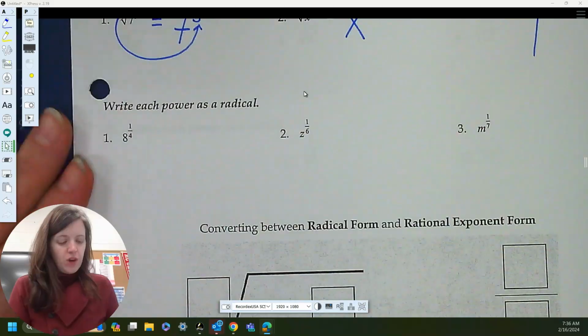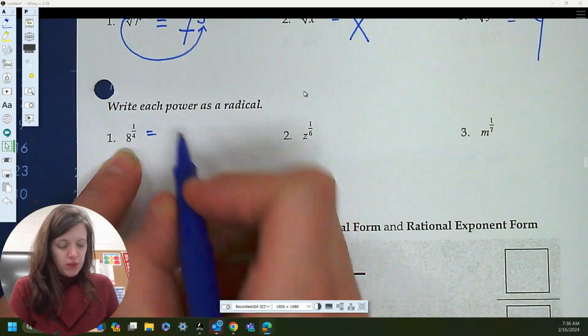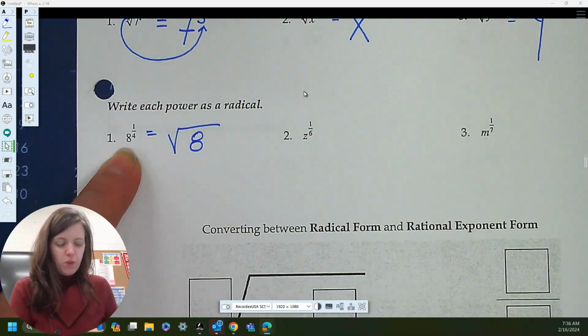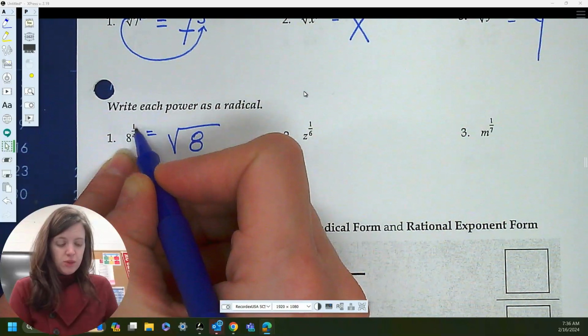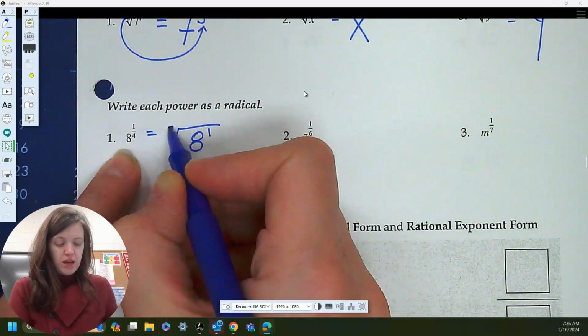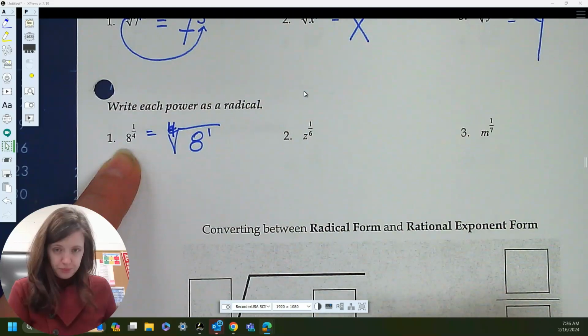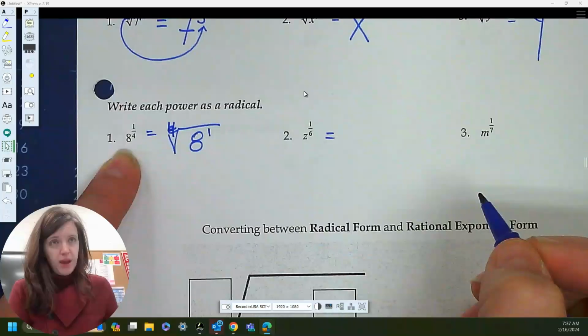So going the other way, 8 to the 1/4 power. That 8 is going to stay the big number. But where did the 1 come from? Remember, it's exponent over index. So this was the exponent, and this was the index. I just wrote E instead of 4, sorry. The same here, we have z.